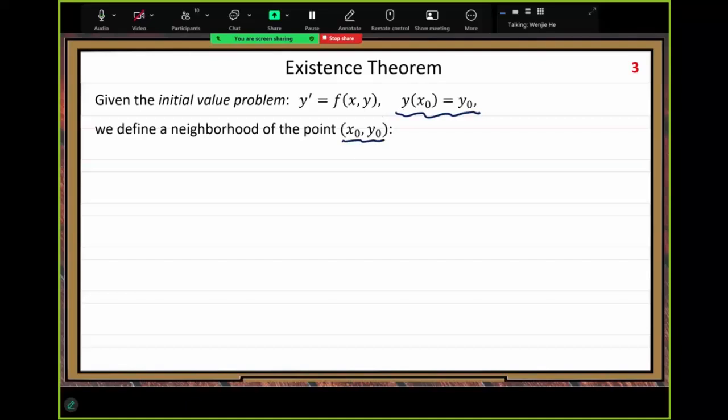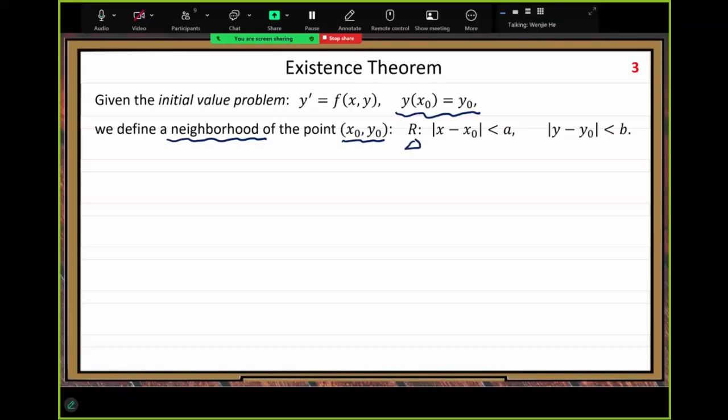That means this point is important. In order to make this IVP satisfy the given initial condition, we need to study some neighborhood of this point. What do we mean by the neighborhood? Here we define the neighborhood with this capital R.